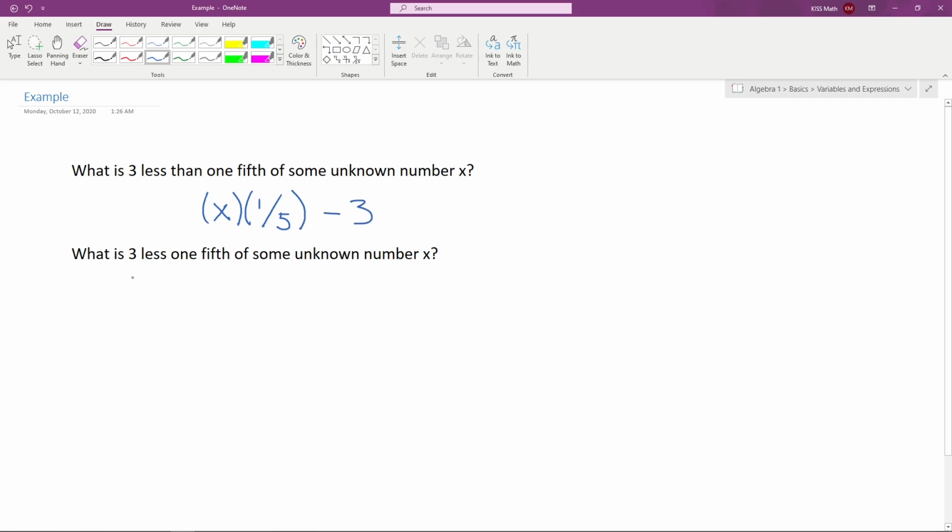If it were instead, what is 3 less 1/5 of some unknown number x? It would be 3 minus x times 1/5. You see, if you take away that word than right here, that changes the order of the subtraction and you'll get two completely different results. So you have to pay real close attention to the wording.